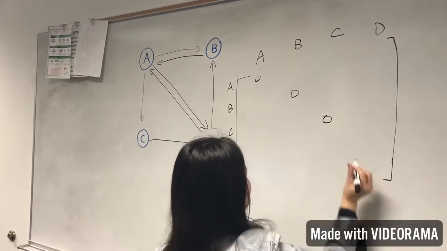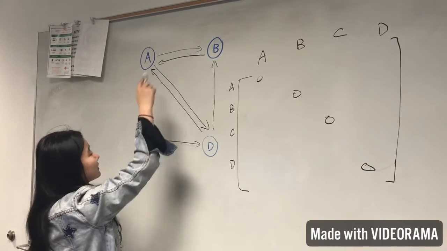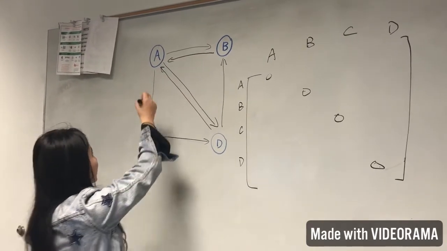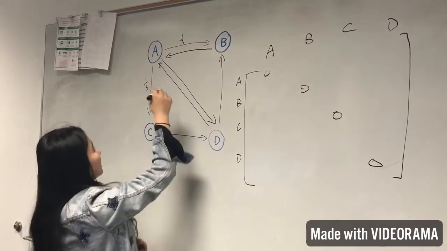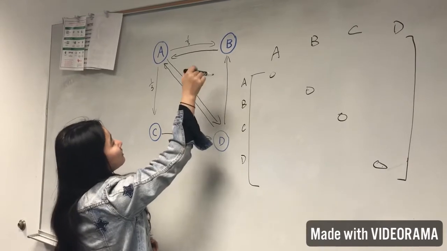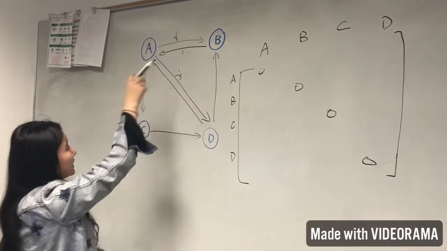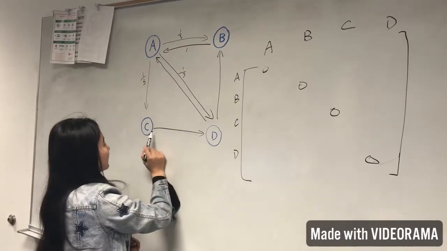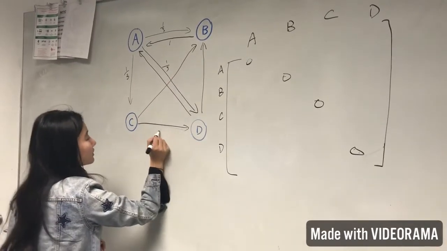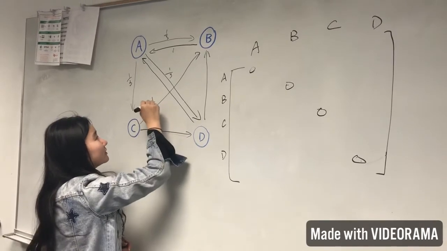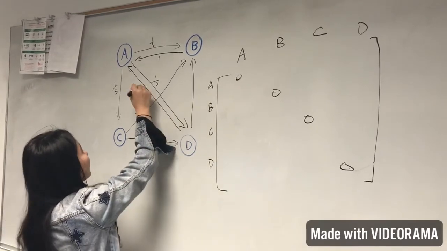For A to B, A has 3 lines outside, so each line is 1/3, because the sum of the 3 lines should be 1. For B, we only have 1 line outside, so the line from B to A is 1. To do the same thing, C has 2 lines out, so each line is 1/2, and D has 2 also, so it's 1/2 also.